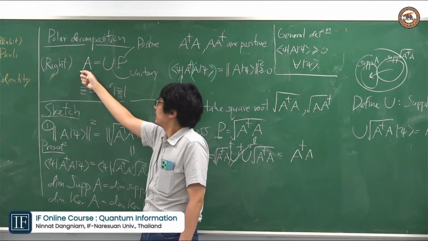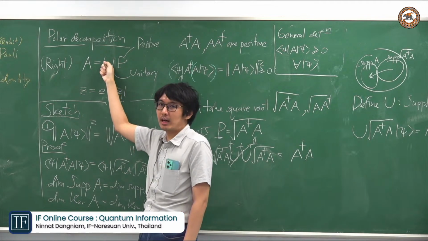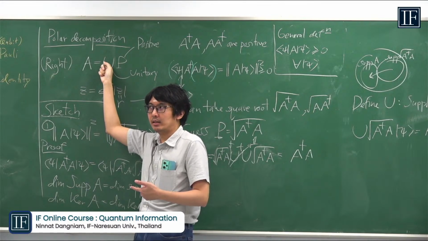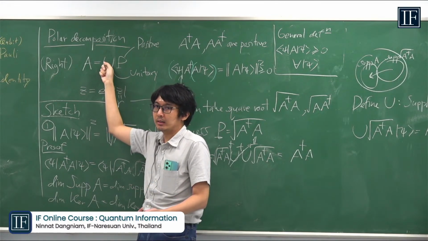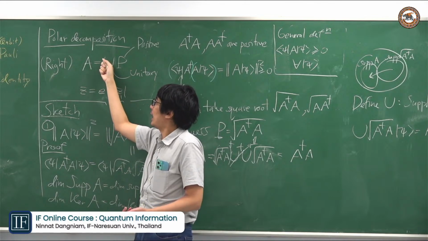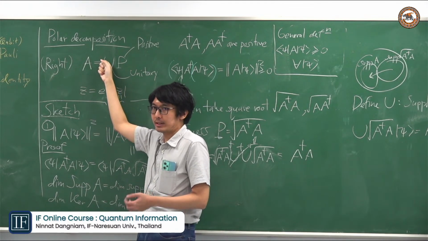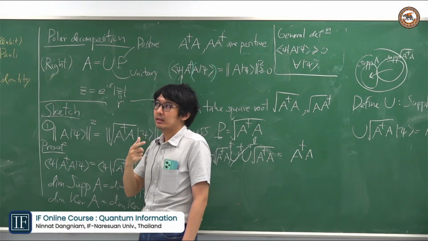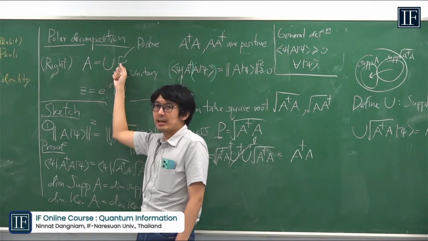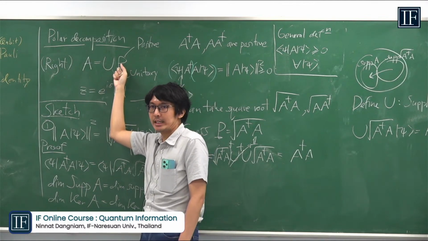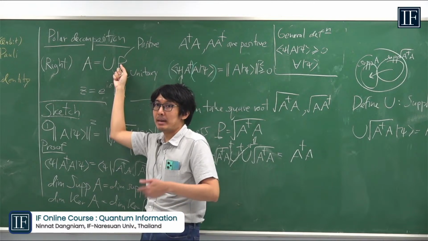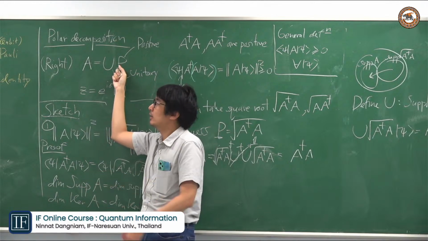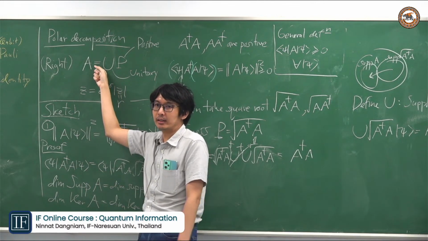So this is like the Krauss operator, the POVM element, and this is like an extra rotation that lets you determine the post-measurement state. This is why, from this polar decomposition, you can see that for a given POVM, the Krauss operator is not unique. In other words, there can be many Krauss operators that correspond to the same POVM, the same measurement, just because you can choose U to be anything.